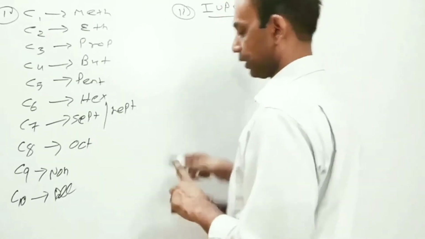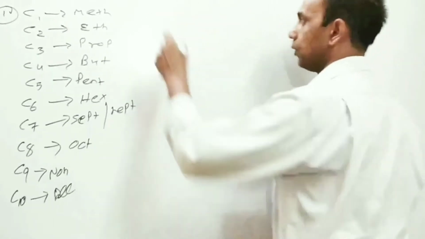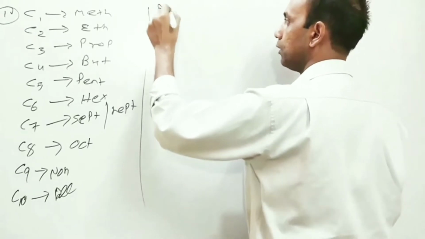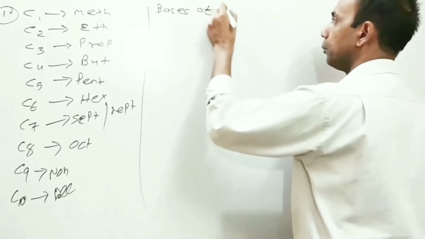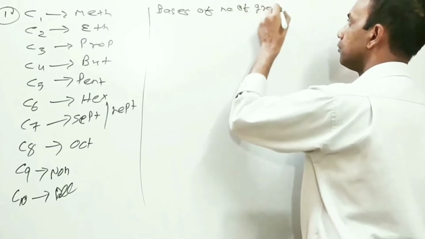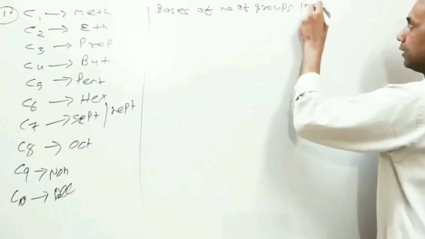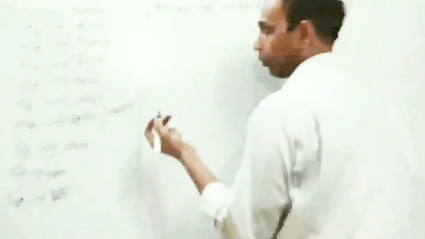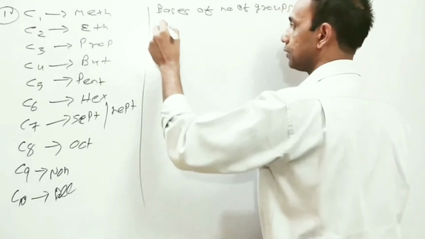So let's talk about another thing before we even start with the nomenclature. What next is, based on the number of groups in an organic compound, right? So if there is one functional group, it's called mono.